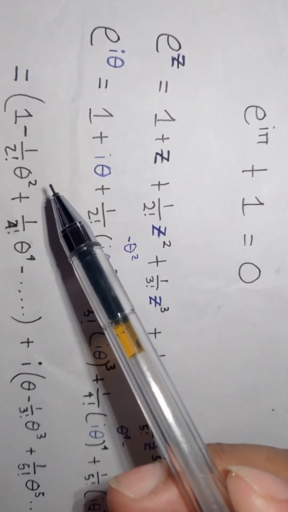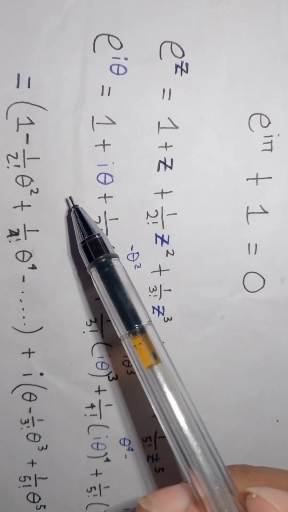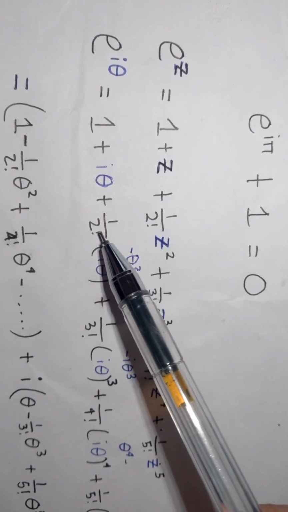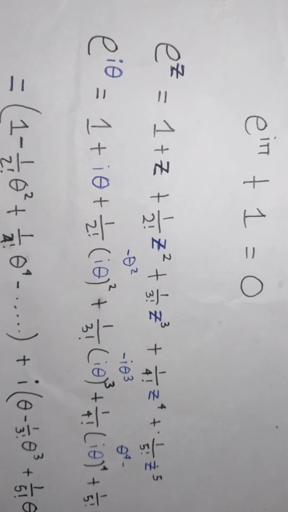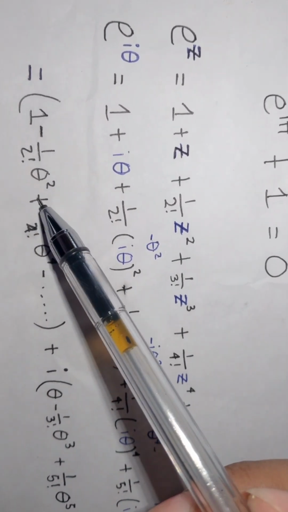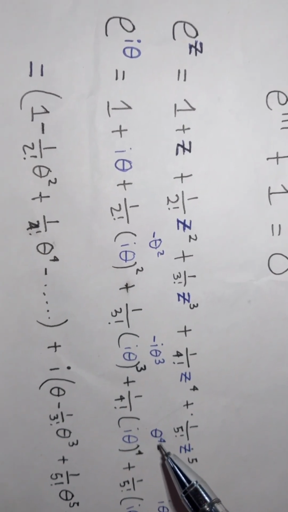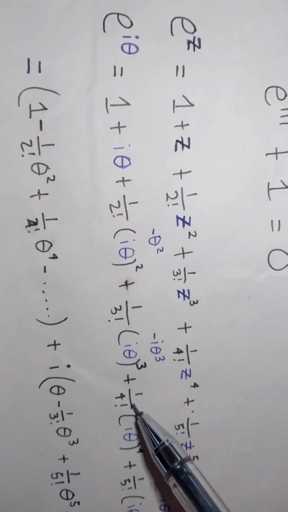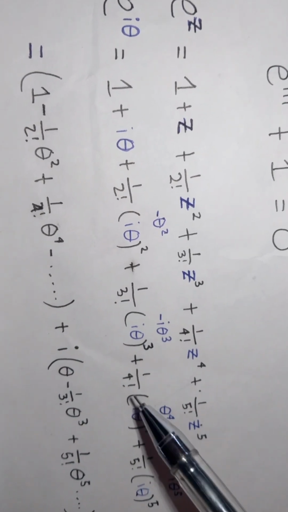We copy the 1, then since it is negative, we put minus, and copy 1 over 2 factorial theta raised to the power of 2, and plus. Since the 4 has no i, we put plus and copy 1 over 4 factorial theta raised to the power of 4.